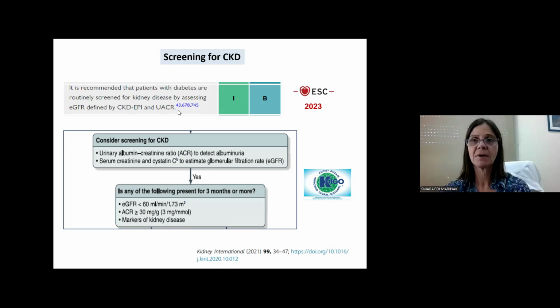The same is also depicted in the more nephrological, I would say, KDIGO guidelines. These guidelines also consider screening for CKD in all diabetics with UACR and an equation based either on serum creatinine or cystatin C. A low GFR and a higher UACR or other markers of kidney disease should be present for more than 3 months to establish a diagnosis of chronic kidney disease.